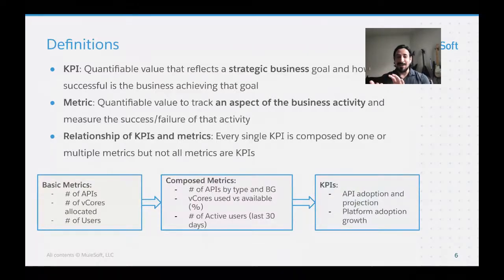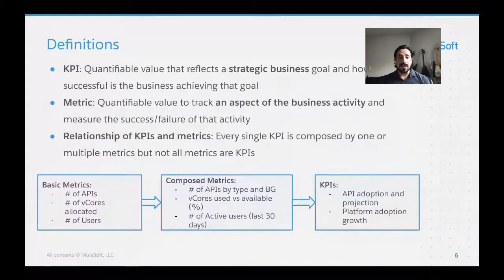However, if we don't have basic metrics first, we cannot obtain any KPI in an automated fashion. So thinking in KPIs is fantastic. That's the right approach. But when you implement the automation for obtaining KPIs, you have to use a bottom-up approach. Thinking in base metrics first, then you can compose these metrics, and at some point you can generate a KPI.